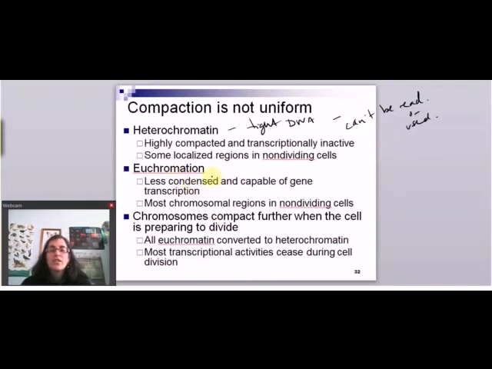Euchromatin is when the DNA is loose. When the DNA is loose, it can be read and used by the cell. And this is what the majority of the DNA is like when the cell is not dividing. So most of the DNA is loose when it's not dividing.